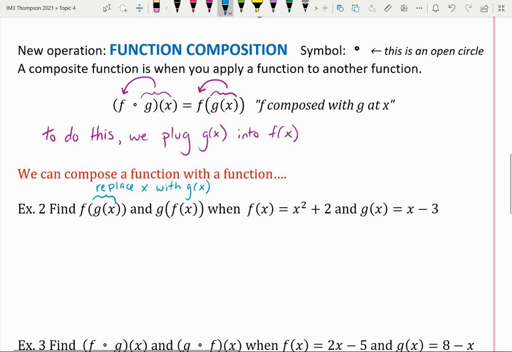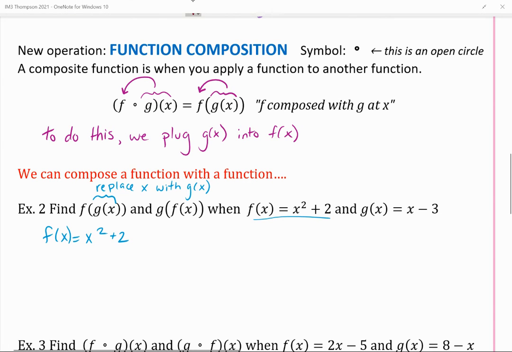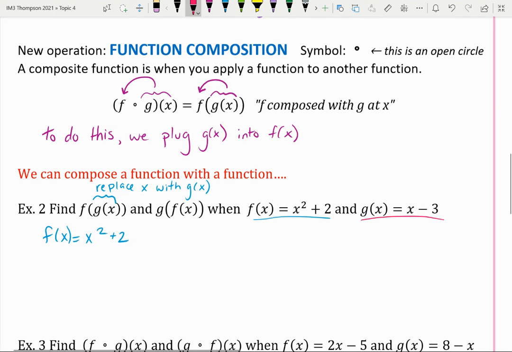So I have the function f of x. And I have the function g of x.